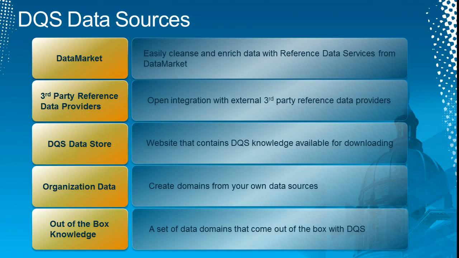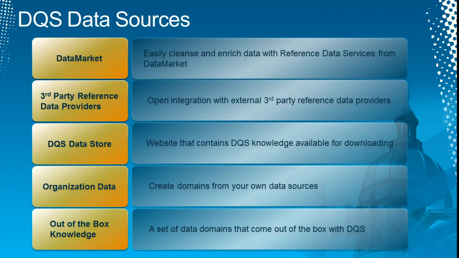Right now there's about 5 of them, and the list will continuously grow as we move closer to shipping and later on. You can bring your own third-party reference data providers. You can take our data store, data that we've put in there, or from people who already use DQS and are so happy with what they found that they uploaded their knowledge to share with everybody and get paid for it, obviously. You can create domains from your organization data.